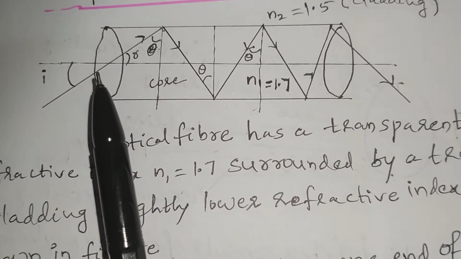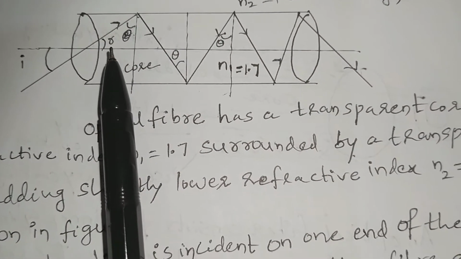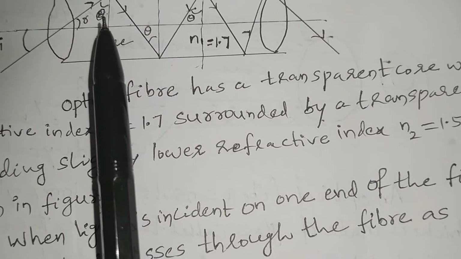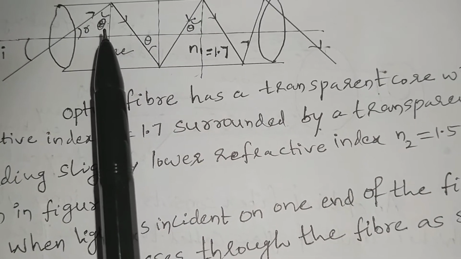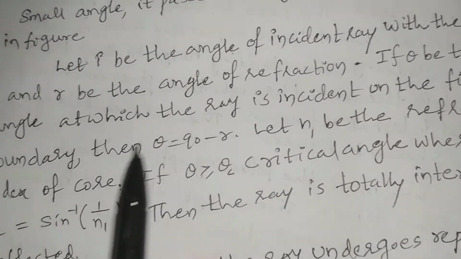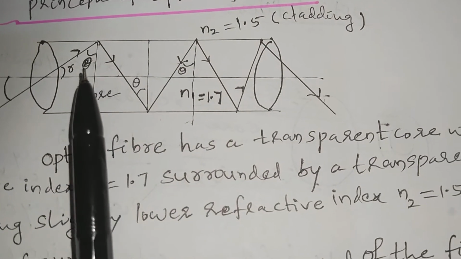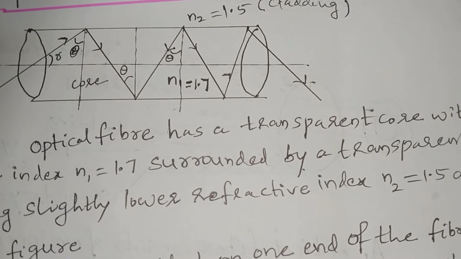Let i be the angle of the incident ray with the axis, and r is the angle of refraction. If theta is the angle of the ray which strikes at the boundary of the cladding, then r plus theta is equal to 90, therefore theta is equal to 90 minus r.